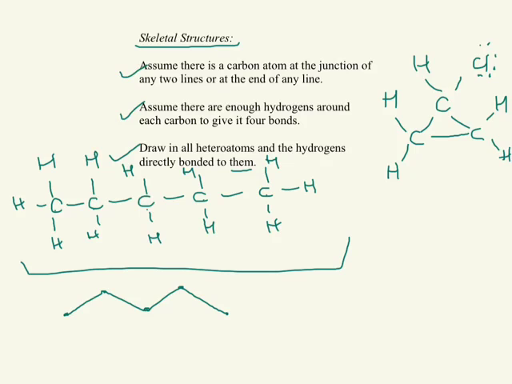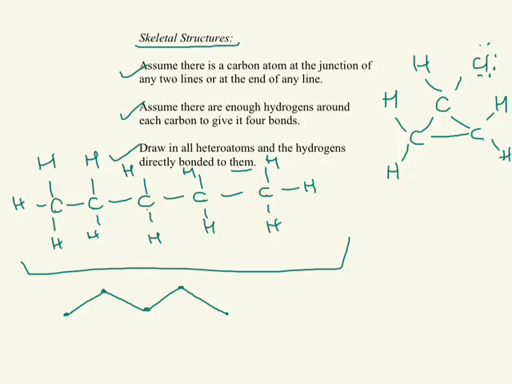And then we do not put hydrogens attached to the carbon. For example, if the very first carbon on the left side is attached to one other carbon, then we assume that there are 3 hydrogens attached to carbon number 1, because carbon makes 4 bonds.